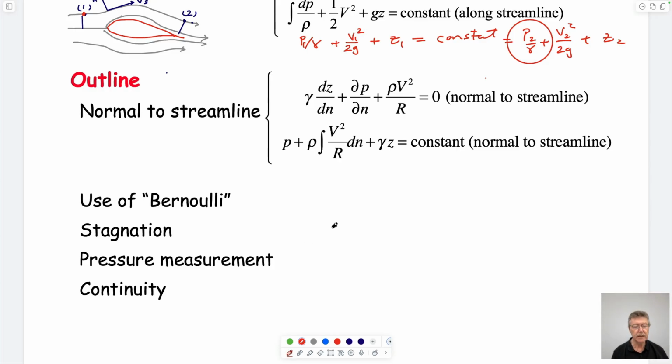So you can imagine that this is here. And so this angle here is theta.